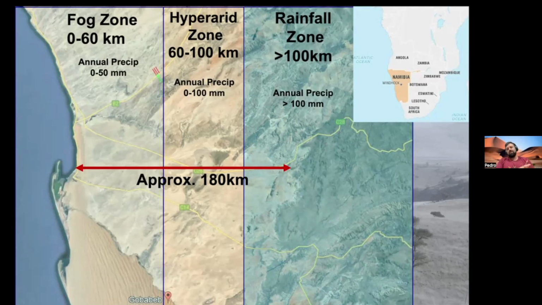So for anyone that has been there, you will definitely have seen this kind of gradient visually, from the coast where there's really not much growing, all the way to the rainfall zone, when you start seeing a lot of fauna and flora.